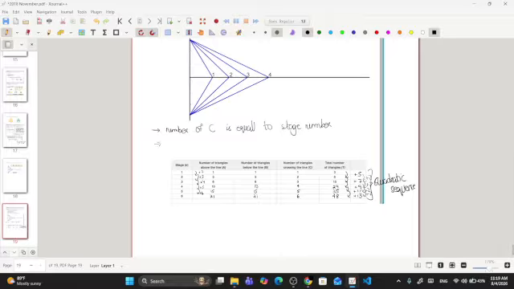So I can say that for t, as n increases by 1, the total number of triangles increases by consecutive odd numbers.